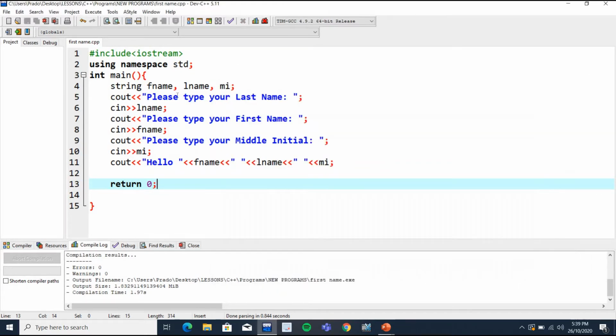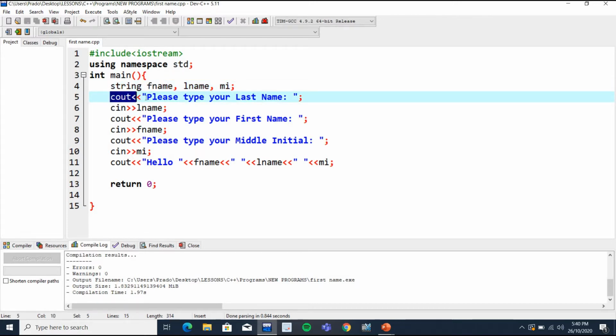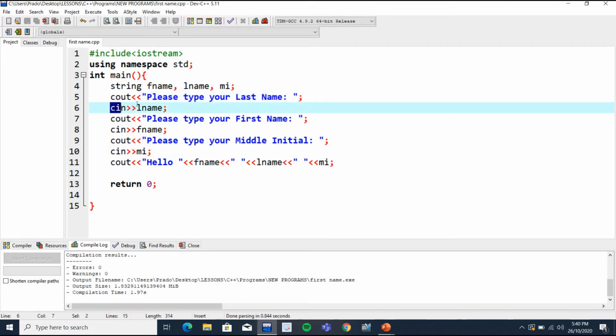So, kung mapapansin po ninyo dito, gumamit tayo ng data type, which is the string. Na ang string ay ginagamit po sa mga letters po. And then, ang cout po is ginagamit para mag-display tayo ng information. And then, ang cin naman po is ginagamit kapag meron tayong gustong i-input or gustong kunin sa mismong user ng ating program.